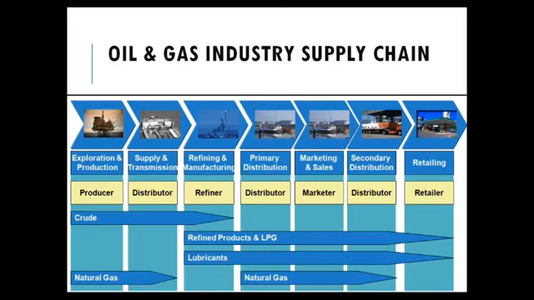If it is refined product, from refinery to the retailing part. Lubricants are the same, starting from the refining part to the end. Natural gas is the same: from production to the refining, and after that it is processed for the plants. It can be refined, or it can be used exactly as it is.